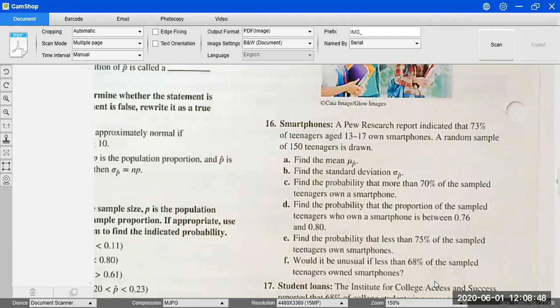You have a Pew Research report indicating that 73% of teenagers aged 13 through 17 own smartphones, and then a random sample of 150 teenagers is drawn, and you're going to find the mean, then the standard deviation, then compute the probability that more than 70% of the sample teenagers own a smartphone, then another probability that the proportion of teenagers owning a smartphone is between 0.76 and 0.80.